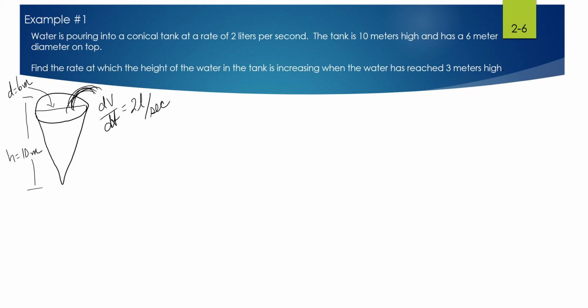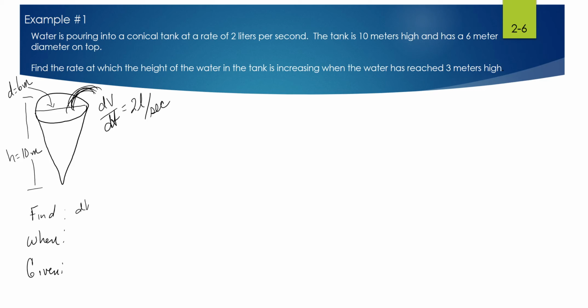Okay, then they asked me the question. Find the rate at which the height of the water in the tank is increasing. This is where I start my find when given list, step 3. So find the rate of the height of the water.